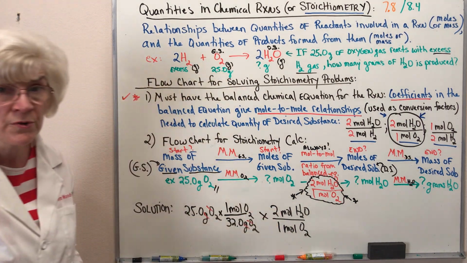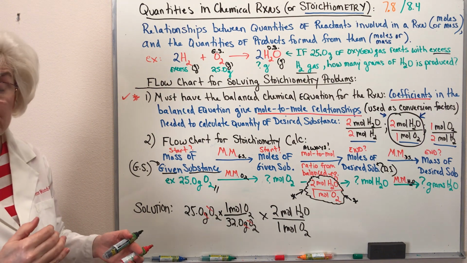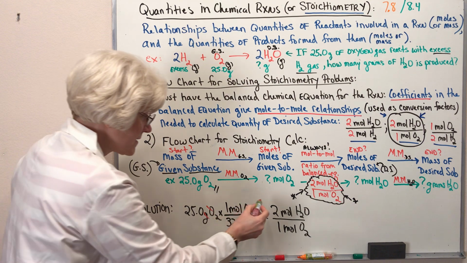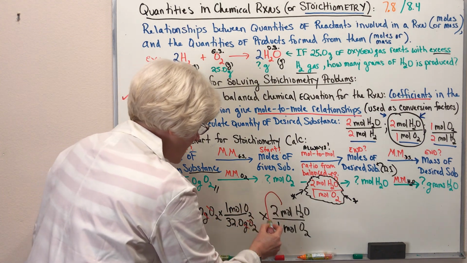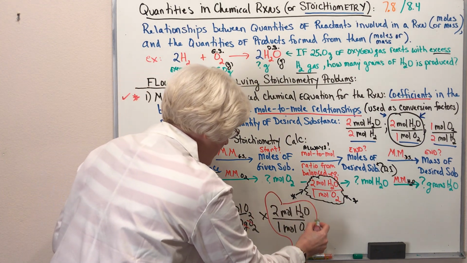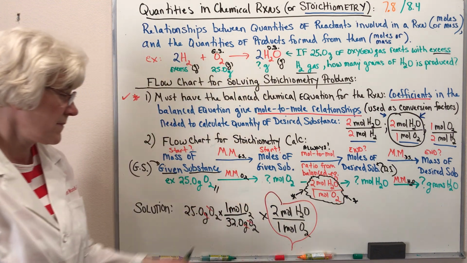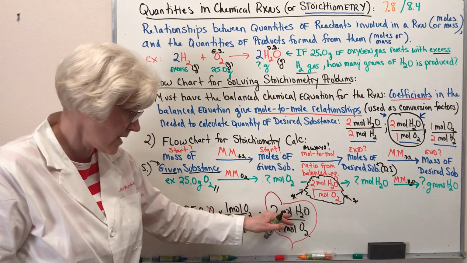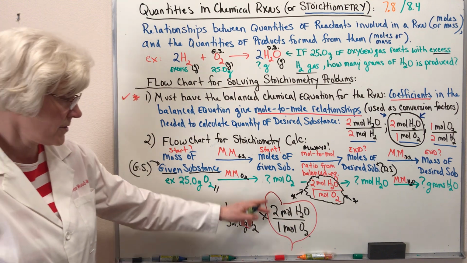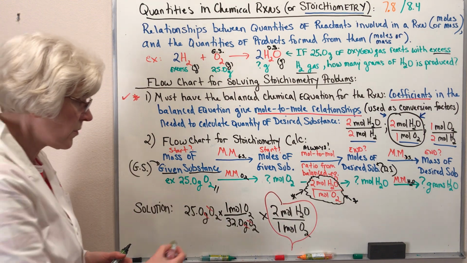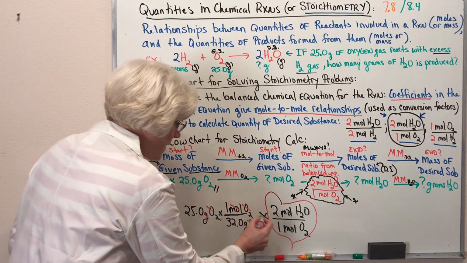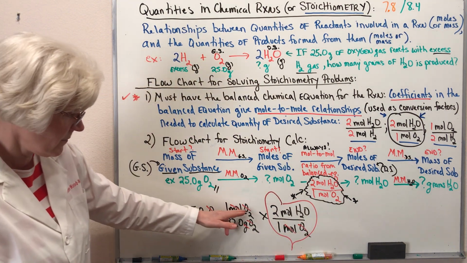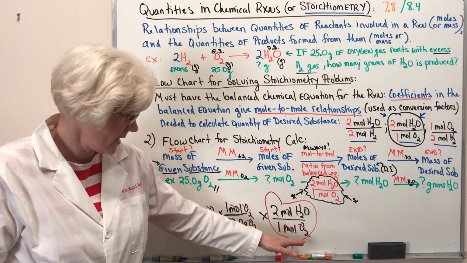Right here, this mole-to-mole ratio is really the heart of the calculation. And sometimes, just to emphasize that with beginning chemistry students, I make a kind of poorly shaped heart here. This is the heart of the stoichiometry problem, this mole-to-mole relationship. If I look at the dimensional analysis, my moles of oxygen are canceling.